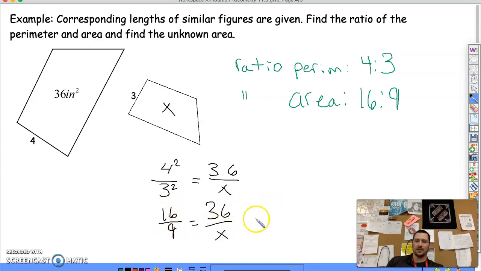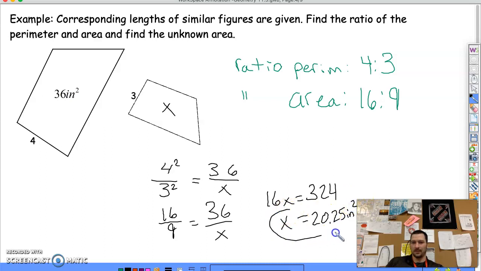Then we use cross multiplication, and we would get 16x equals, grab my trusty calculator here to make sure I do this right, 9 times 36, 324, and then dividing by 16, we would get 20.25. It's going to be inches squared because we're talking area.